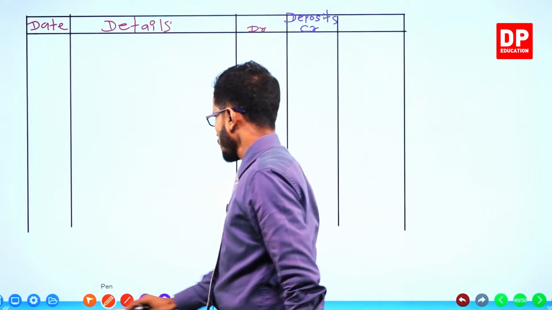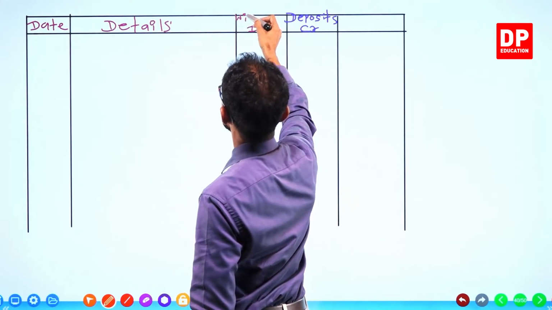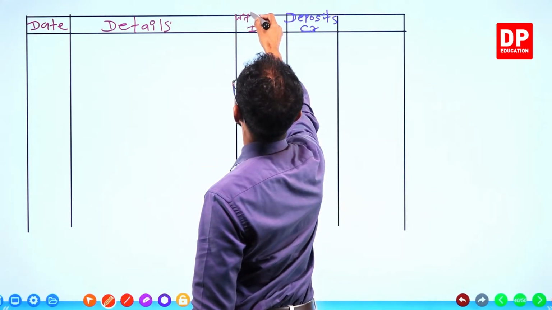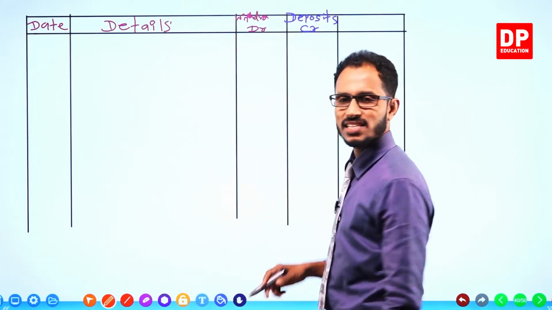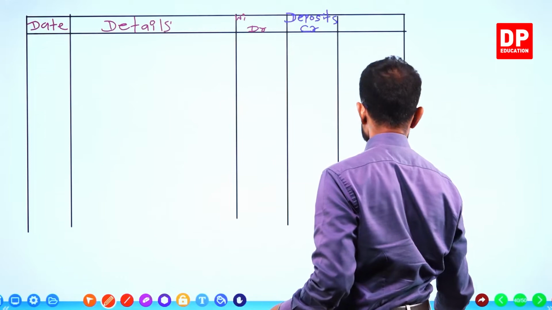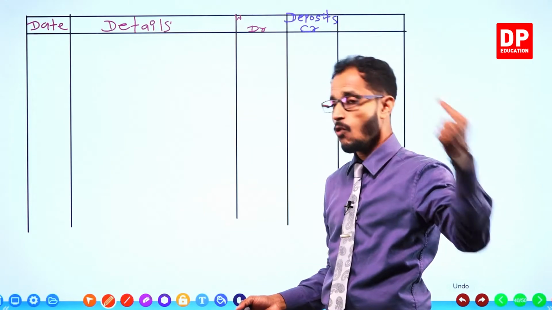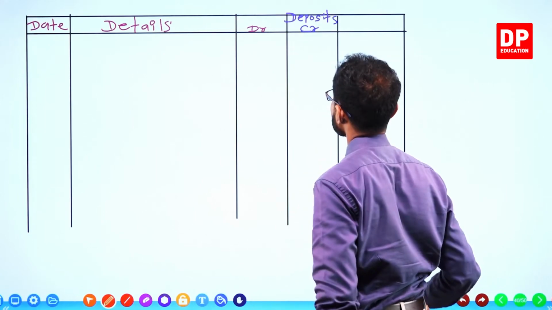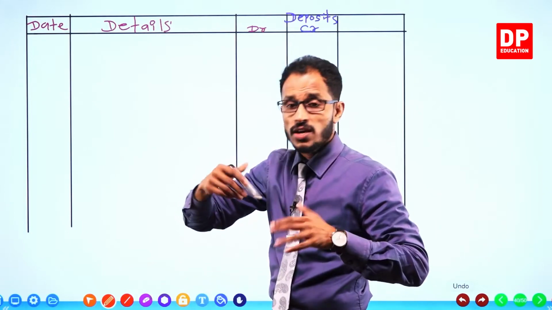Withdrawals, or cash taken out, are debited. Can you see? You have to keep this point in your mind, force it into your head. You might get to prepare a bank statement in your exam.